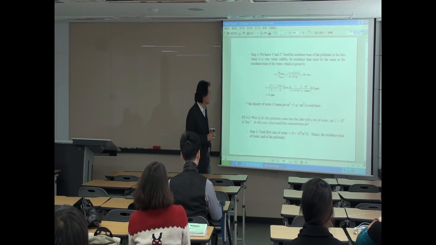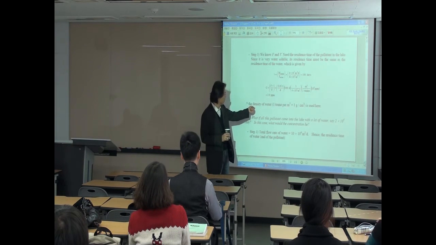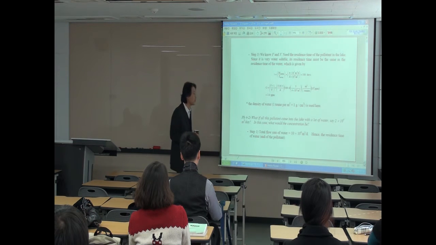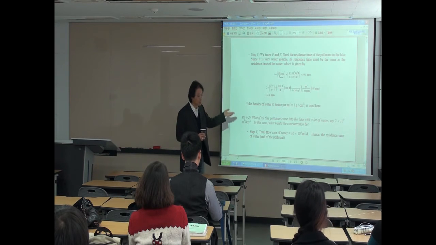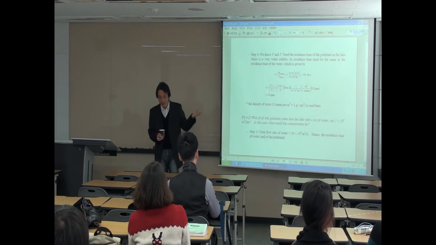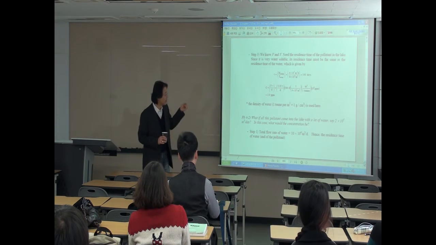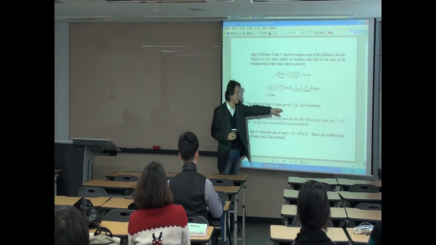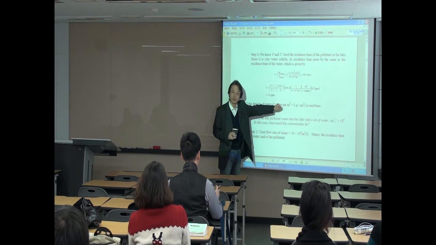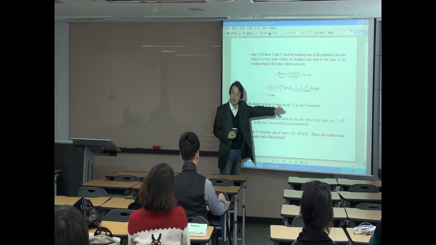Here you actually need to assume one more thing, the density of water. Actually 1 gram per cubic centimeter. If you really want to know the exact concentration, you need to consider the different density of the water with respect to temperature and any related environmental factors, right?